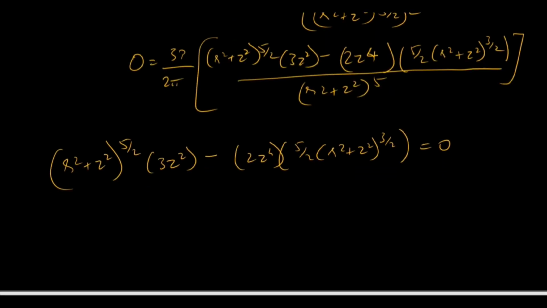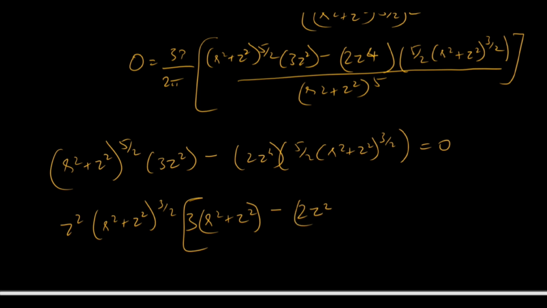So if we take z square and r square plus z square power 3 by 2 as common, we'll get 3 into r square plus z square, minus 2z square into 5 by 2, will be equal to 0.